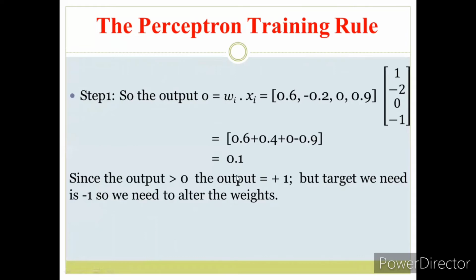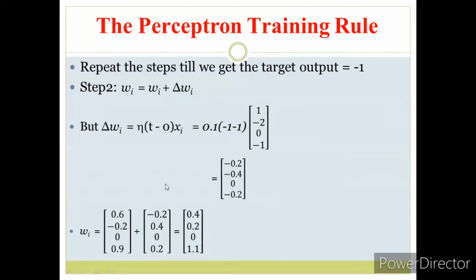Now observe again the output is greater than 0, so the output is still positive 1. It means that we need to again modify the weights and again the process has to be repeated.